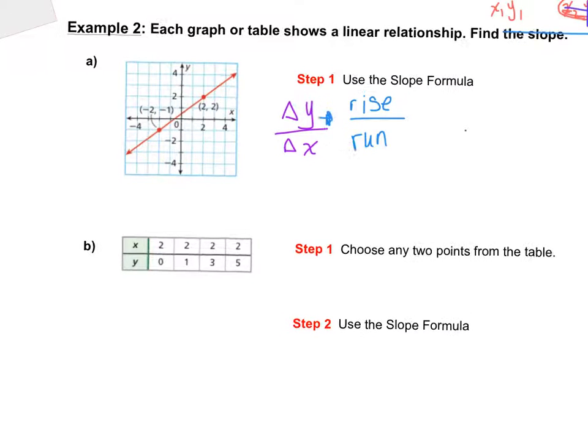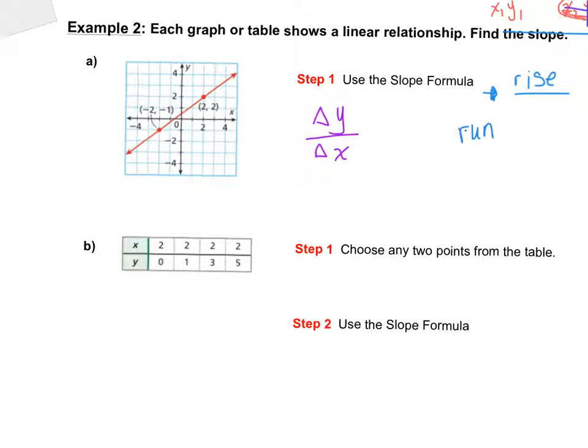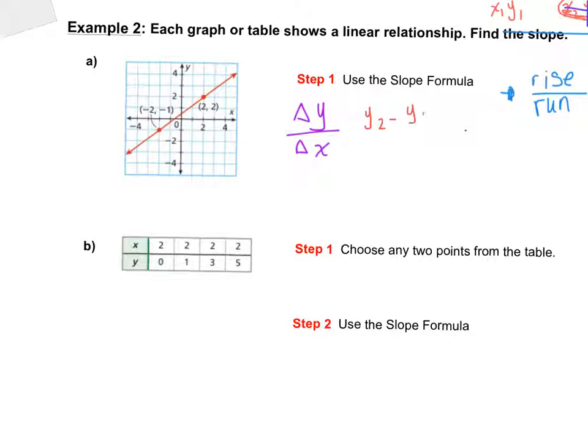So instead of using this rise over run, I'm going to literally plug into the equation y2 minus y1 over x2 minus x1. My very first point is this one.